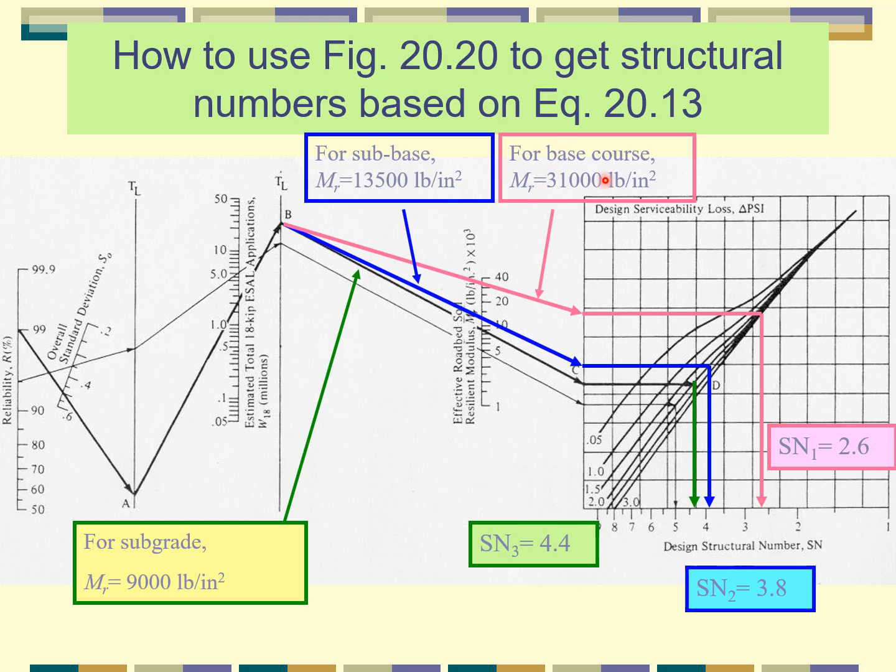Above the base course, you are having asphalt concrete or the surfacing. So this structural number is meant for surfacing. Above the subbase, you are having base course and surfacing. So it means this structural number is meant for base course plus surfacing.